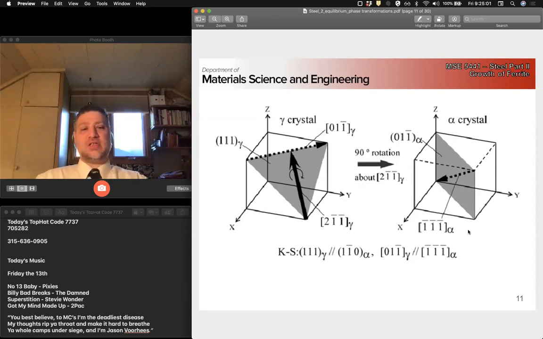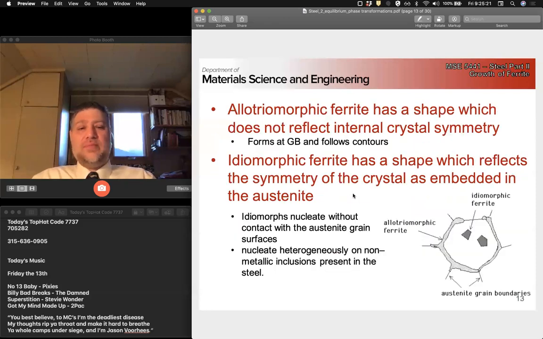And this is known as the Kurdjumov-Sachs orientation relationship, and is probably the most well-known, most important orientation relationship in material science. And because this has the lowest energy, it's going to appear all the time, right?